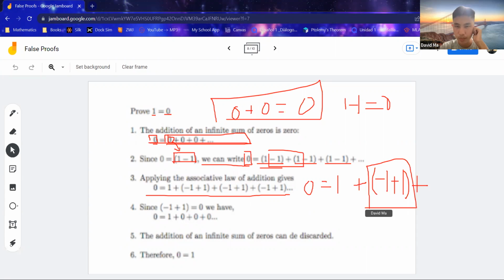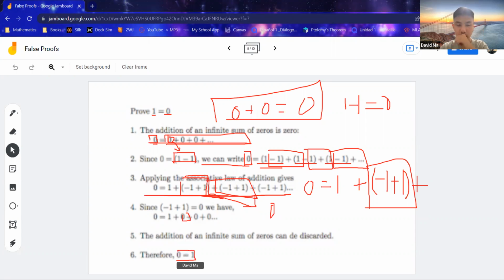Essentially, we're just repeating this thing because we're basically grouping the -1s with +1s, and we get this equation here. And keep in mind that -1 plus 1 equals 0. So if we do simple calculations for these pairs here, we get 0 equals 1 plus 0 plus 0 plus 0 infinitely many times. And we get that 0 equals 1.